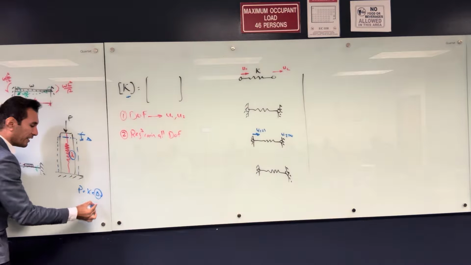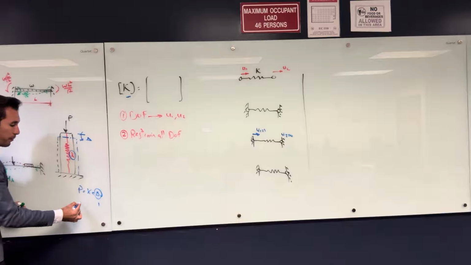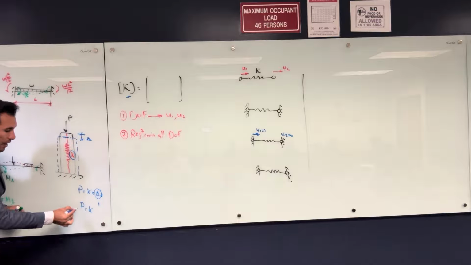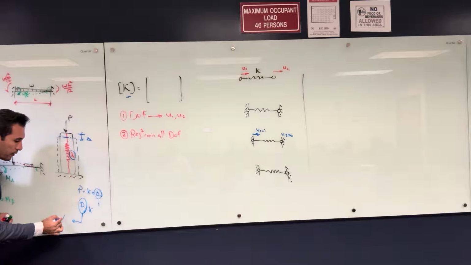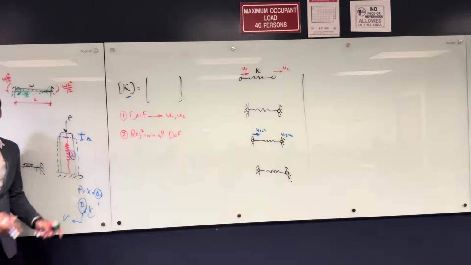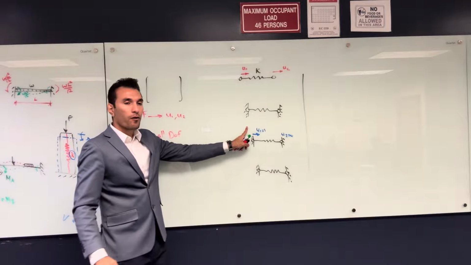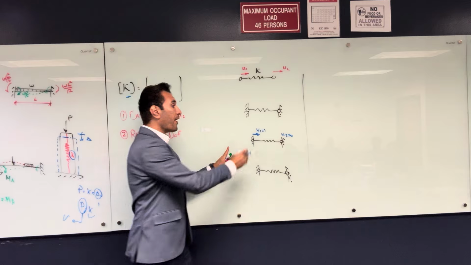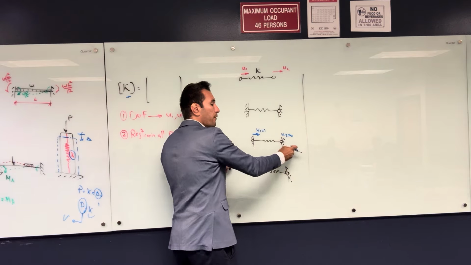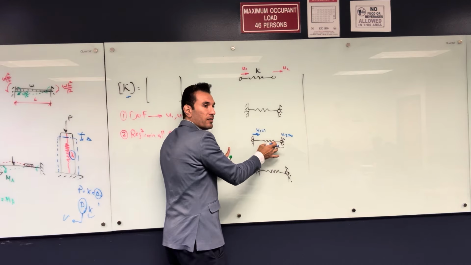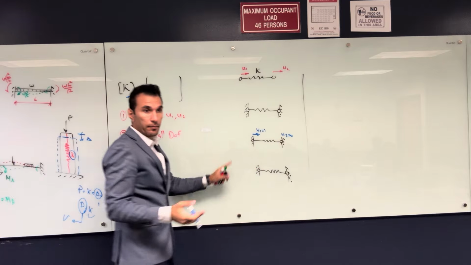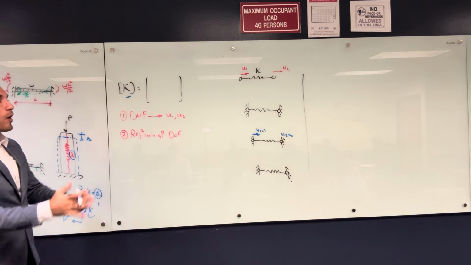What if I put delta equal to 1? Then F is going to be equal to K. If I find the value of F, I find the value of K. So that's what we are doing here. We put a unit deformation, and then find the forces, and the forces are going to be equal to K, right? All right, so that's what we are doing here.